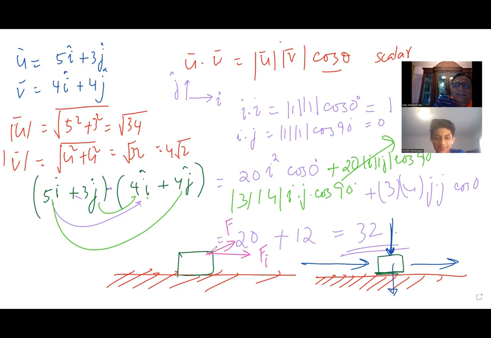The F of j contributes nothing to the movement along the horizontal. Displacement times force gives work done. That is the concept. It is very important, when we read about the dot product, to know why we are reading about it, how we can apply it, and what the significance is. Is it all absolutely clear to you? Yes, sir, it's clear.